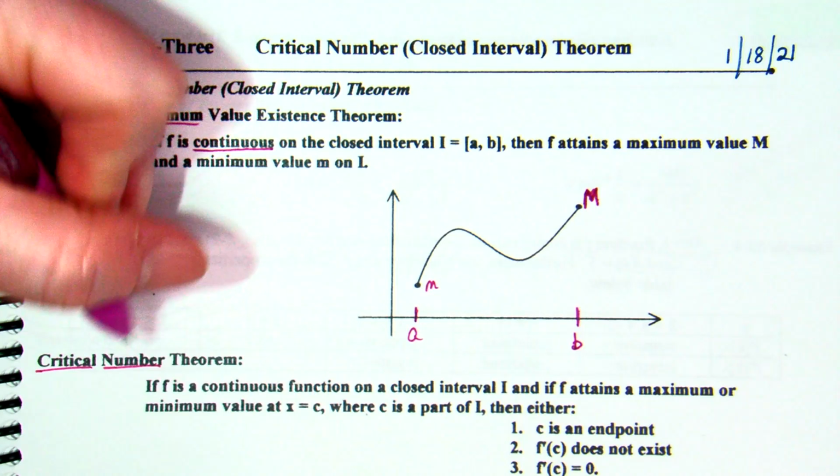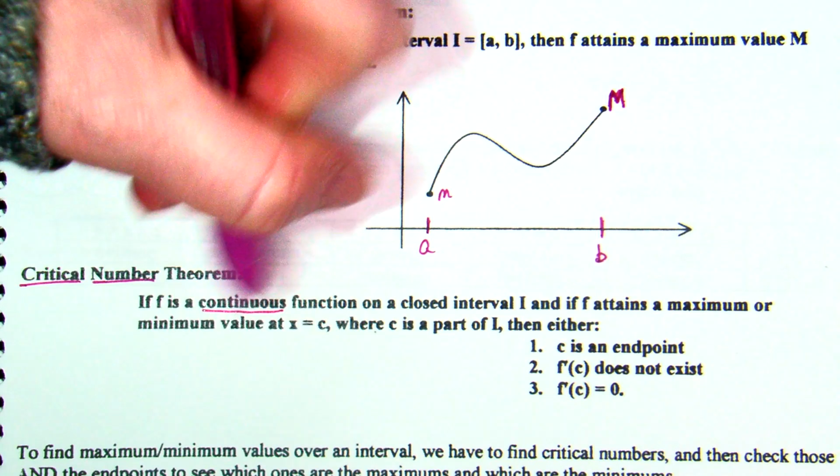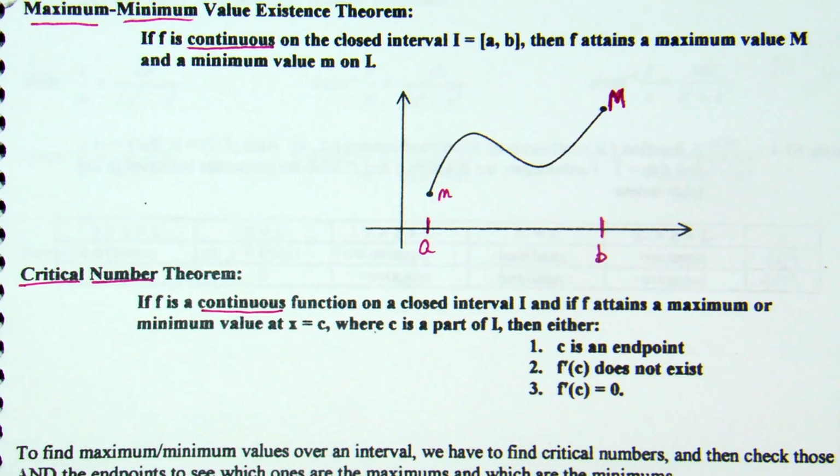Critical number theorem. If f is a continuous function, so again, notice f has to be continuous on a closed interval I, so that means an interval where your endpoints are included, and if f attains a maximum or a minimum value at a certain point C on that interval, then one of three things is true.